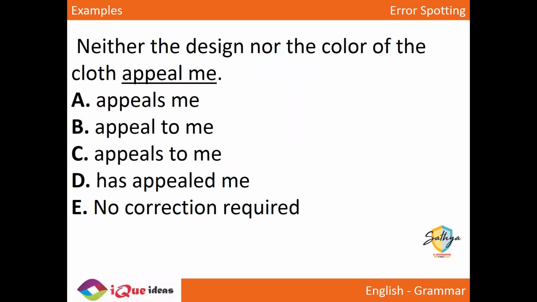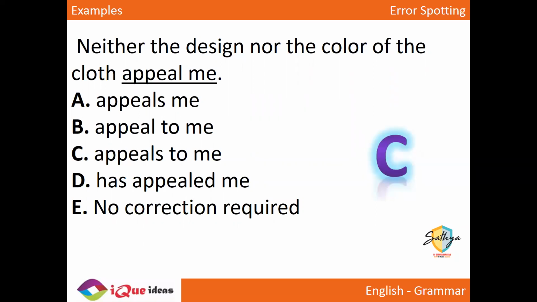So, guys, in this one, obviously, appeal to me में से कोई एक है. To का आना तो जरूरी, because you don't appeal someone, you appeal to somebody. But the point is here, neither nor जब आप use करते हो, then the subjects are to be taken as singular. Neither the design appeals to me nor the color appeals to me, right? So the proper usage is the singular form of the verb.